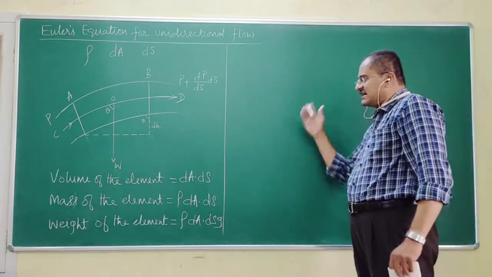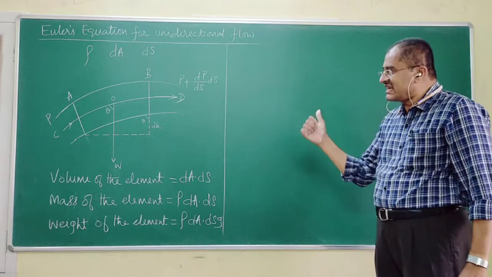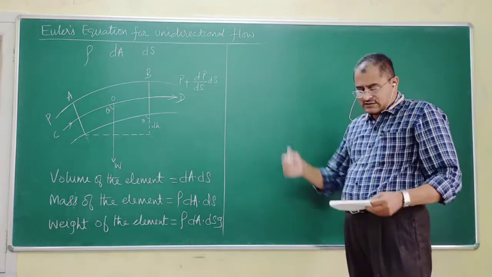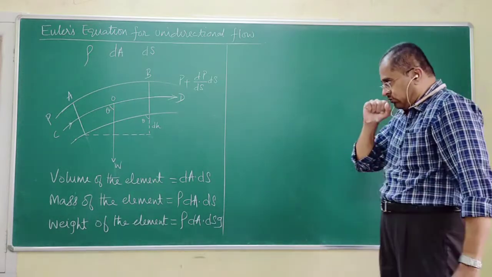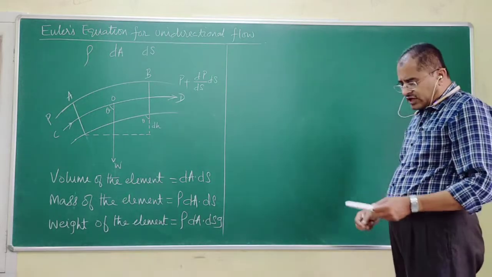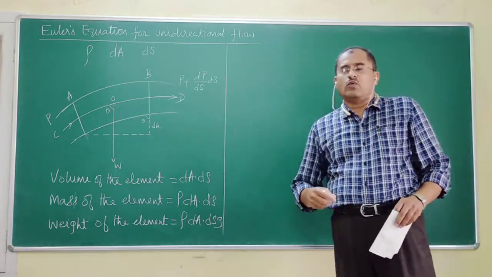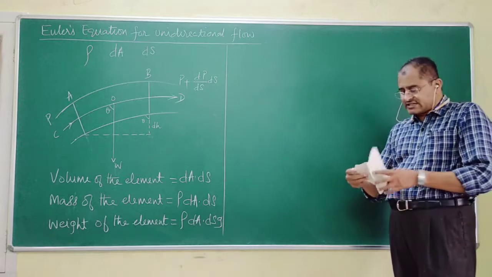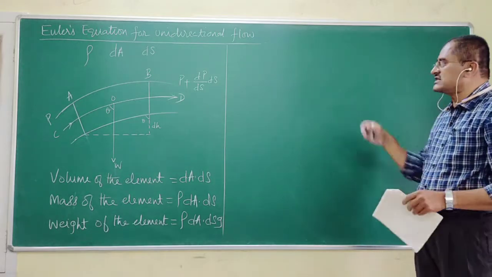The streamline CD is making an angle theta with the vertical at O. Therefore, we are going to now find out what is the component of weight of the element along the streamline.